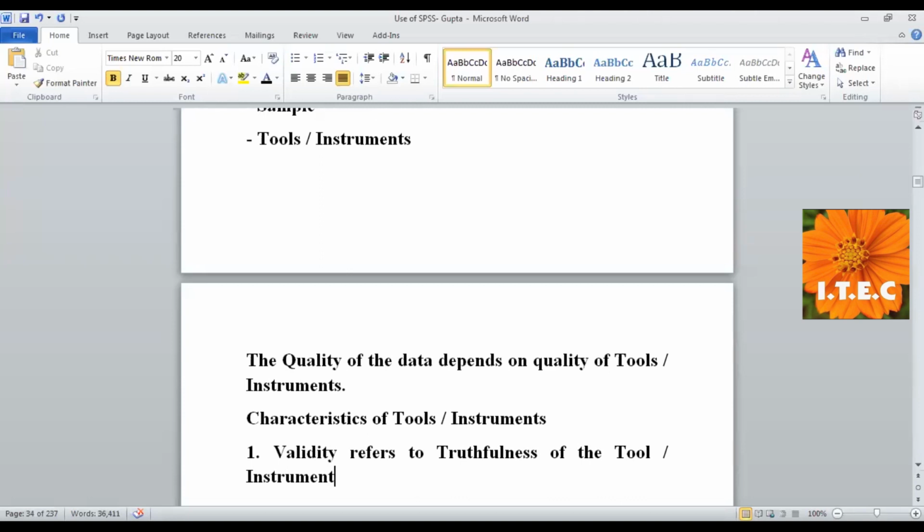If you have an English vocabulary test, and if you give that English vocabulary test to the student, then this will assess the vocabulary of the students. If you have a reasoning test, and if you administer it on the people, then the score will indicate the reasoning of the person, because it is meant to assess the reasoning.